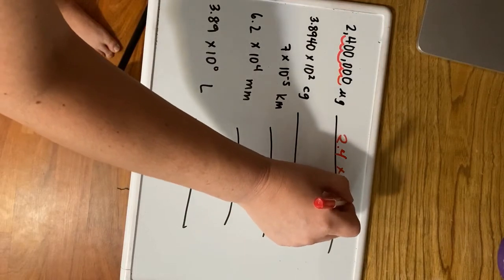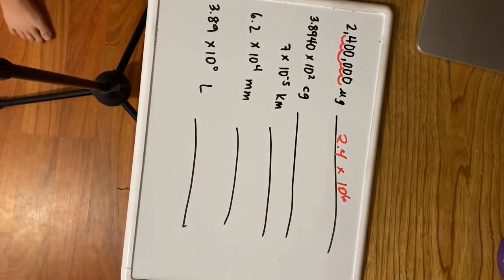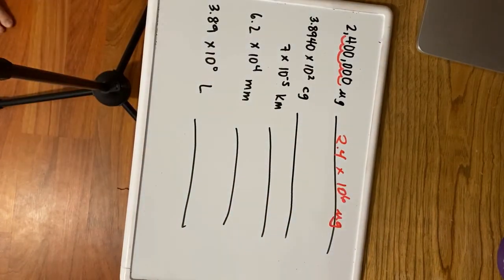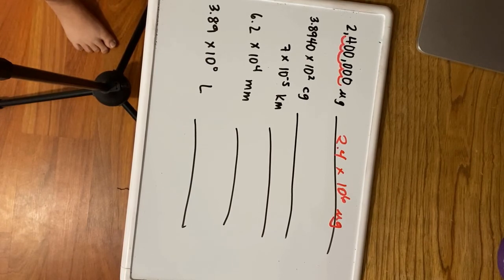We moved 6 spots because that number is bigger. Because that number is bigger than 1, our exponent was positive. And if you notice, I wrote micrograms at the end. Remember, anytime we have a number in chemistry, we need to have a unit. So this is 2.4 times 10 to the 6 micrograms. We'll learn our prefixes tomorrow or the next class period.